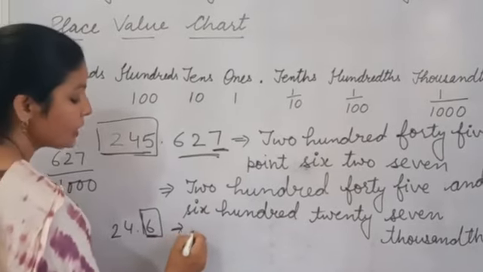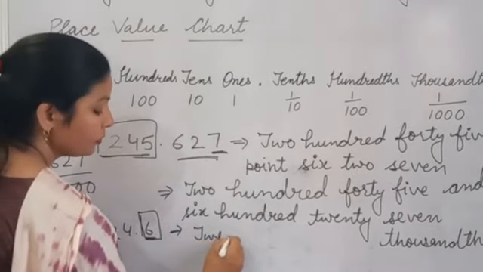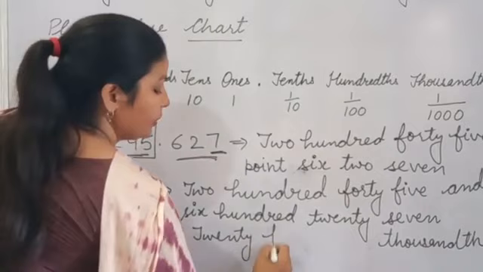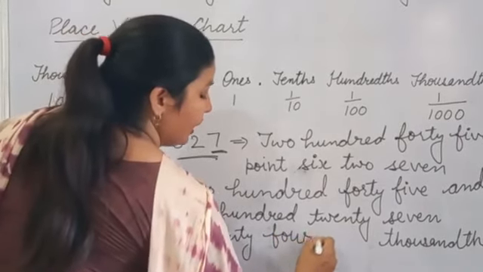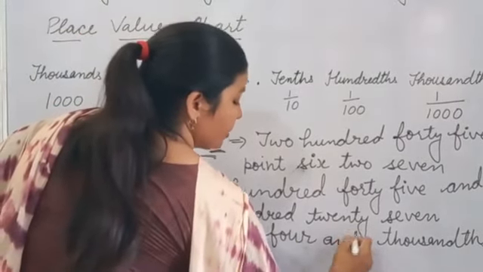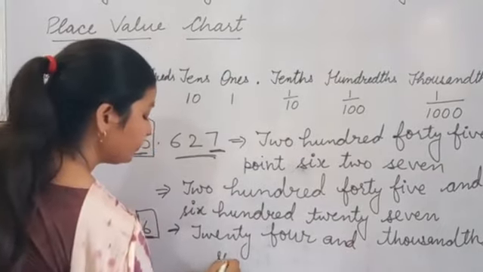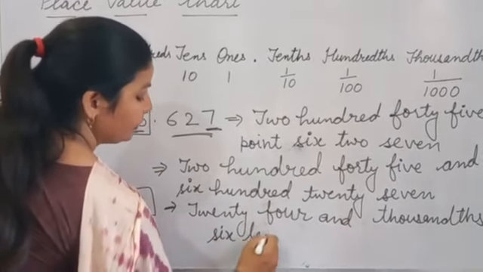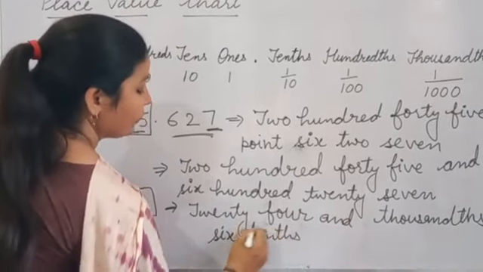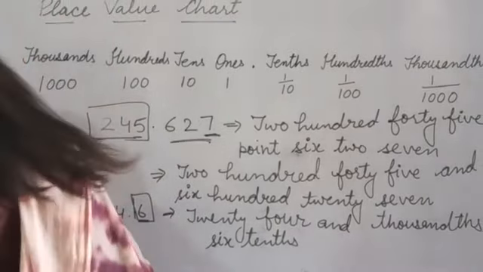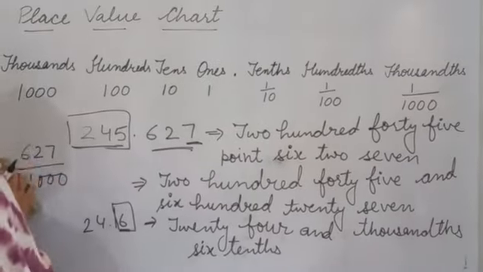We will write like this: 24 and 6 tenth. Like this we have to write. One more example I am taking.